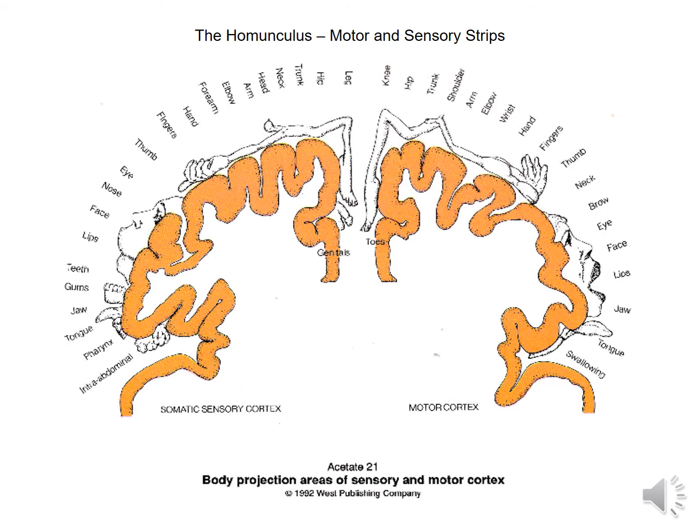And you'll notice that about 2/3 of the entire motor strip is devoted to the fine motor control of your hands and face. Not so much your knees. You can see a very tiny area. It only flexes and extends. But think about how complex it is to play an instrument, to sew, even to write with a pen. So the motor strip is involved in fine motor control.